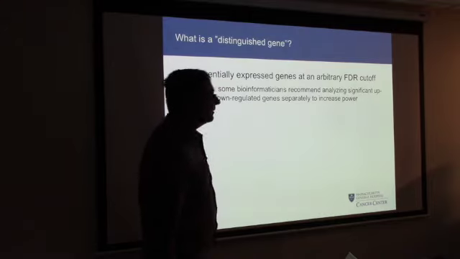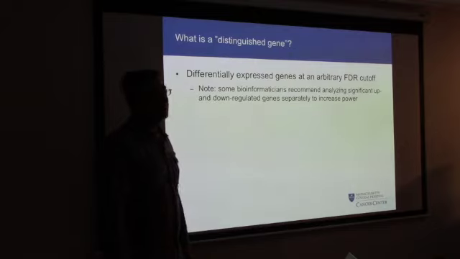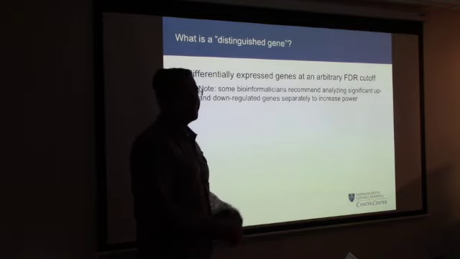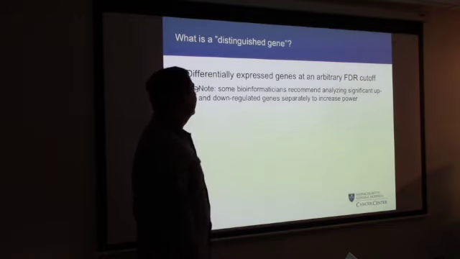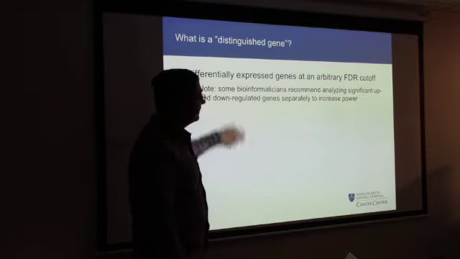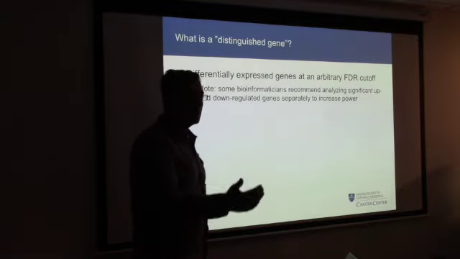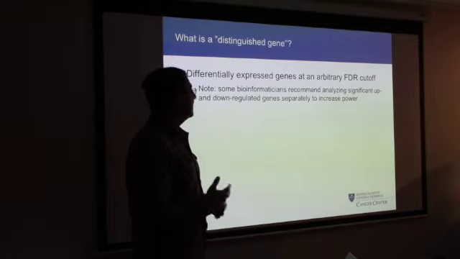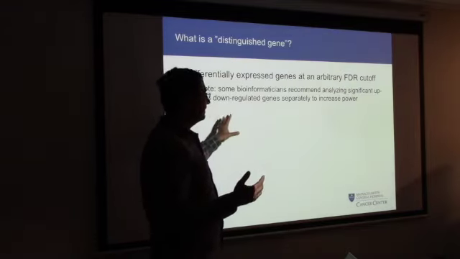Basically, they use these things called distinguished genes. So these genes have PhDs. That's why they're distinguished. Or they just happen to be differentially expressed. So they're basically differentially expressed at some FDR cutoff. You already know that. Some bioinformaticians recommend analyzing significant up and down genes separately.